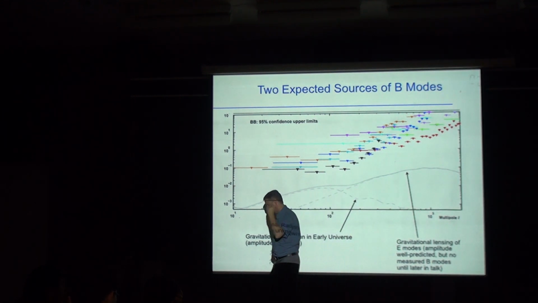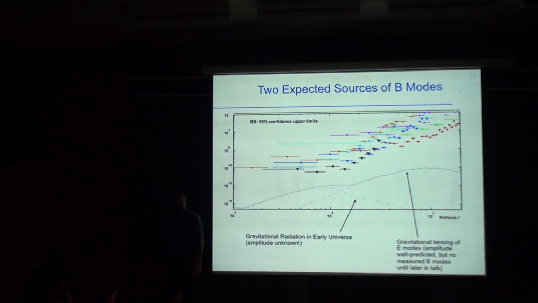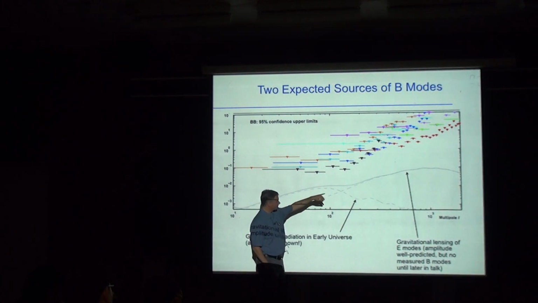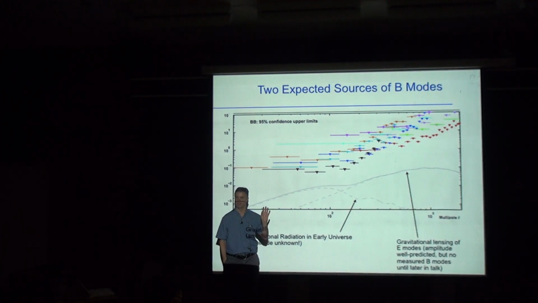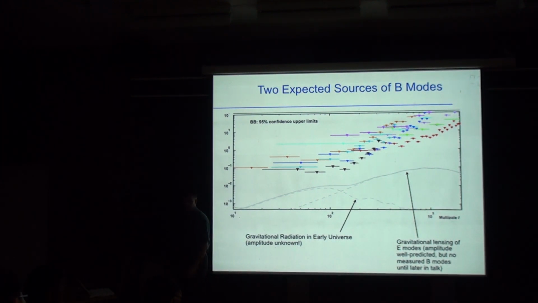And that's roughly the noise that we're at with the current generation, around 5 microkelvin. So in terms of imaging these B modes, we'll have a signal to noise of about 1. So it's not going to be a high resolution map. But in terms of detecting the power spectrum, yeah, we can already do that.